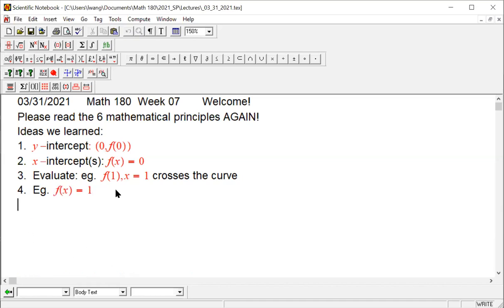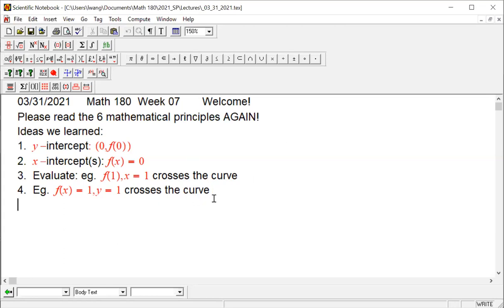What does this mean? The geometric meaning is the horizontal line, y equals 1, crosses the curve. How many times? We don't know. It may be more than once, it may never cross.